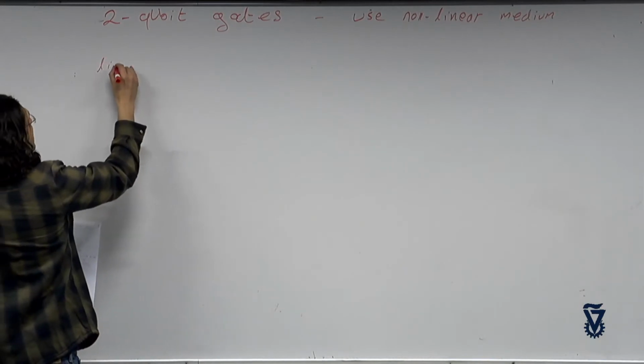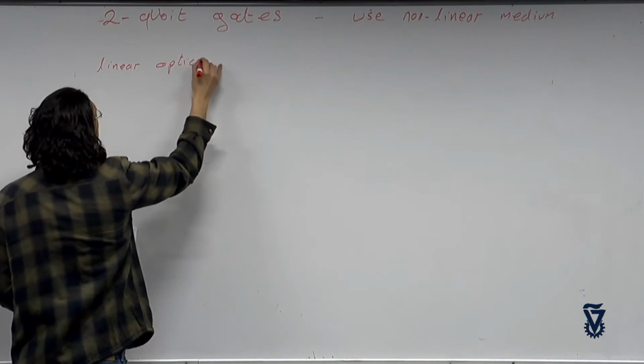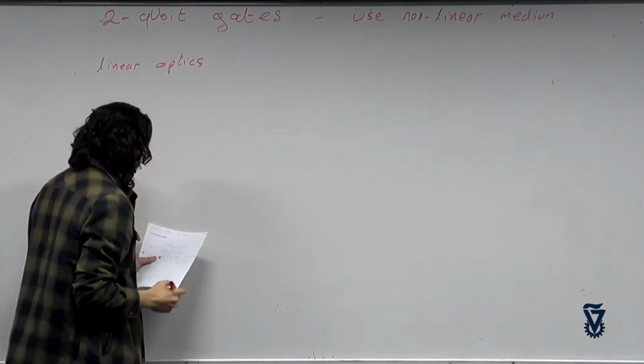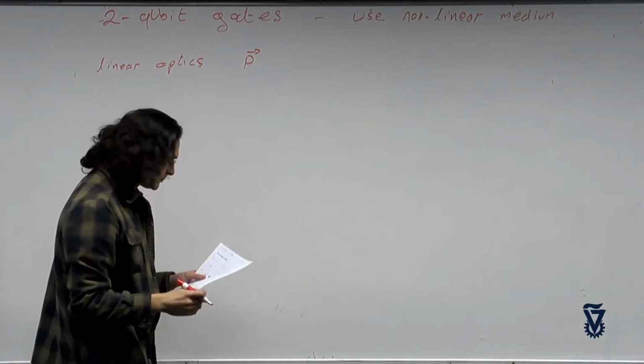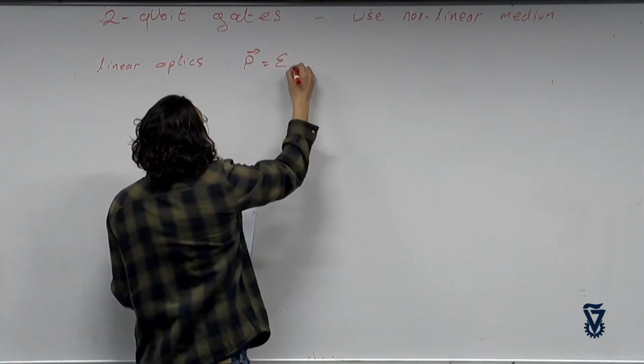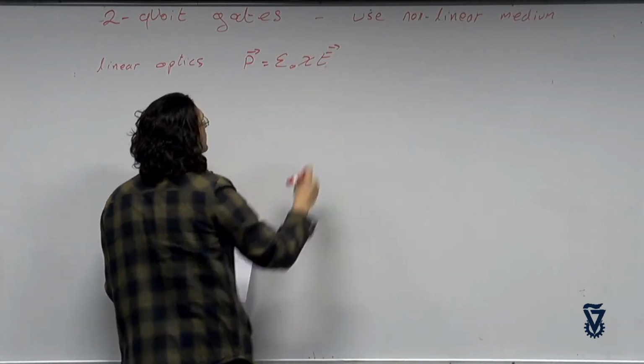So in linear optics, we know that P is just epsilon naught chi E, where E is the electric field.